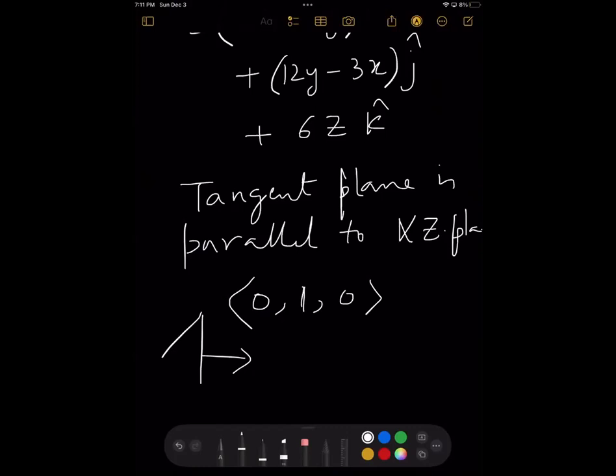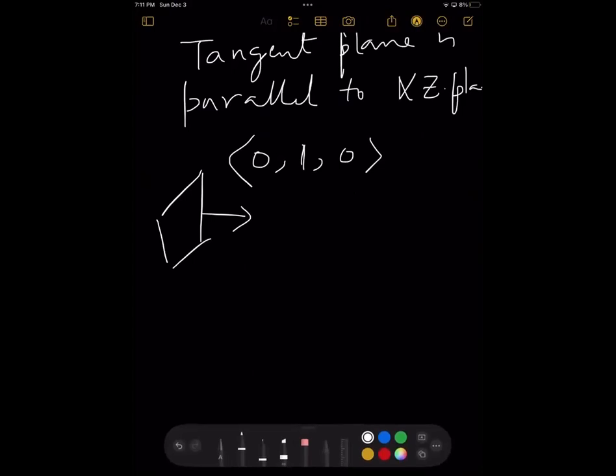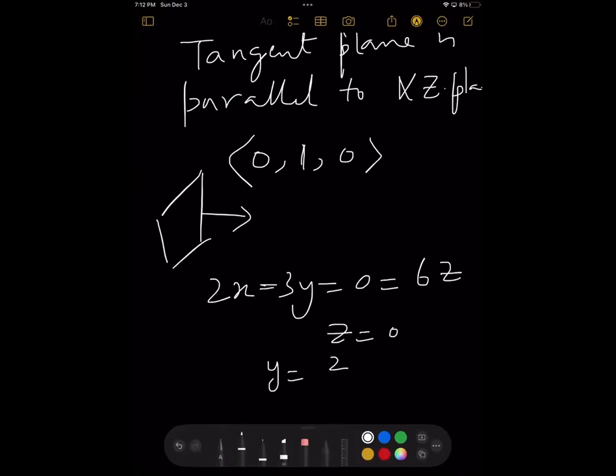This is our xz plane. Now we will find our values. So 2x minus 3y equals 0 equals 6z. So z is equal to 0 and y is equal to 2 by 3 x from this equation.